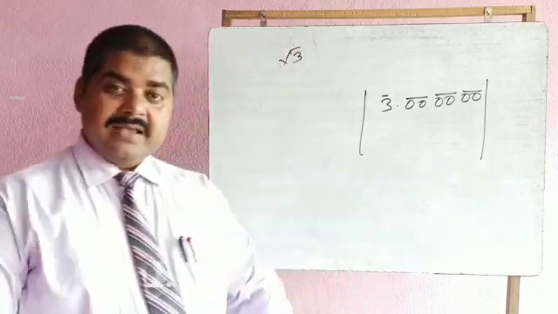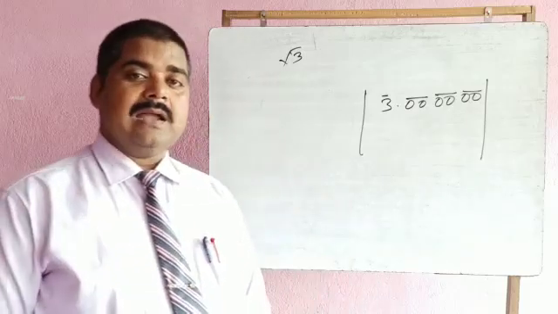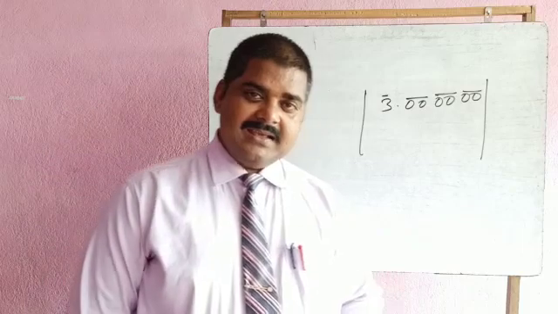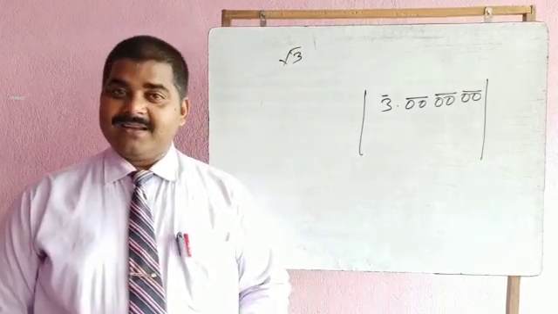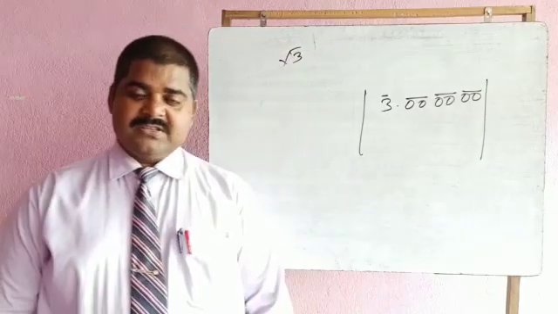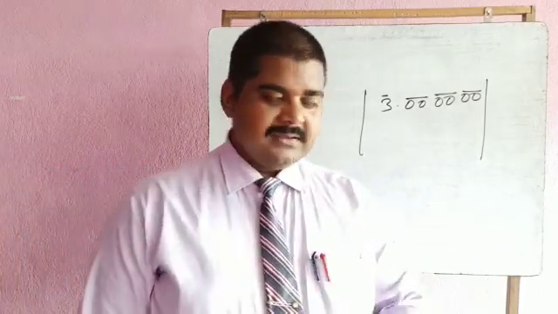You have to start your operation with 3, and you know that the square nearest to 3 is either 1 or 4. A greater number cannot be selected, so 4 cannot be selected, so you have to select 1.